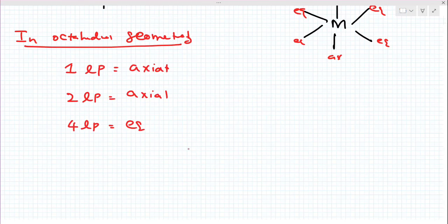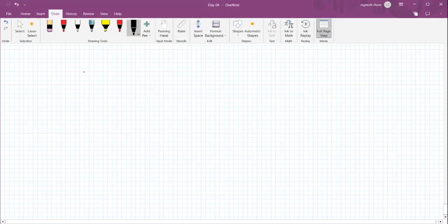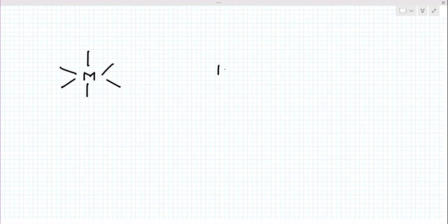Now I will explain. If I remove a bond pair, I put the lone pair. Now we are going to check the shape of the molecule. Same simple example, please note. First, central atom 1, 2, 3, 4, 5, 6.